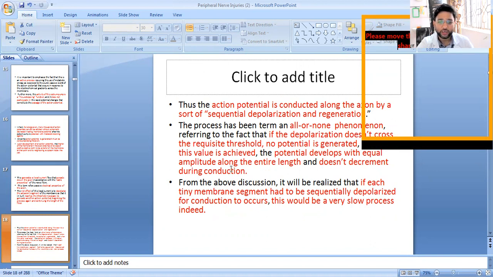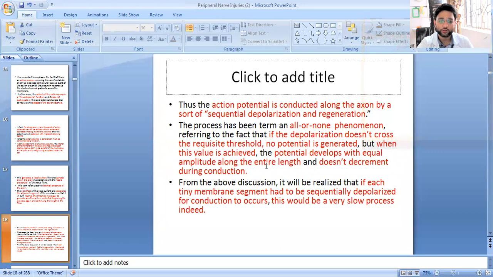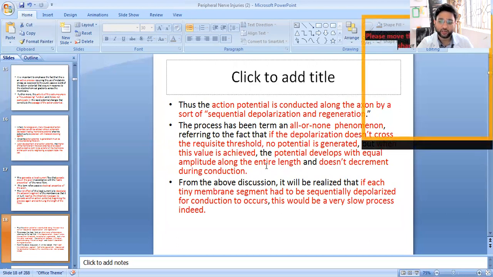The process is an all-or-none phenomenon, referring to the fact that if depolarization does not cross the requisite threshold, no potential is generated. But when this value is achieved, the potential is developed with equal amplitude along the entire length and doesn't decrement during conduction.